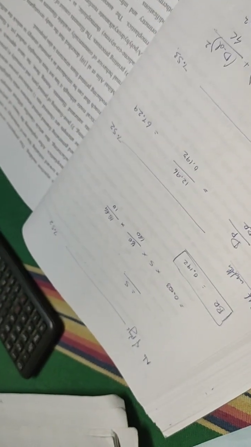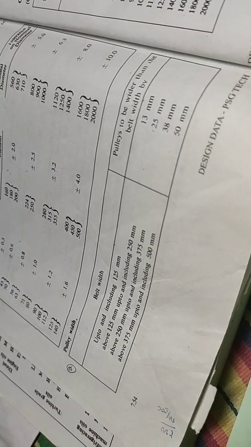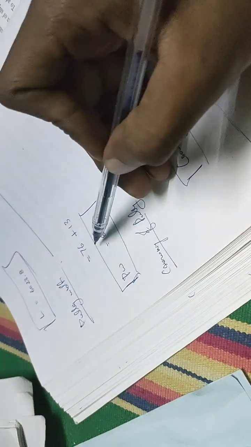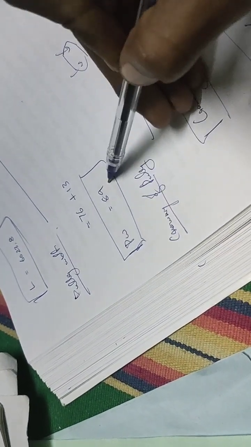The belt width we got after the standard value is 76. Over here we take belt width 76, which falls up to 125. This is plus 13 mm, the pulleys should be wider than the belt width by 13 mm. So I took belt width 76 plus 13 mm, and we got 89. This is the pulley width value.